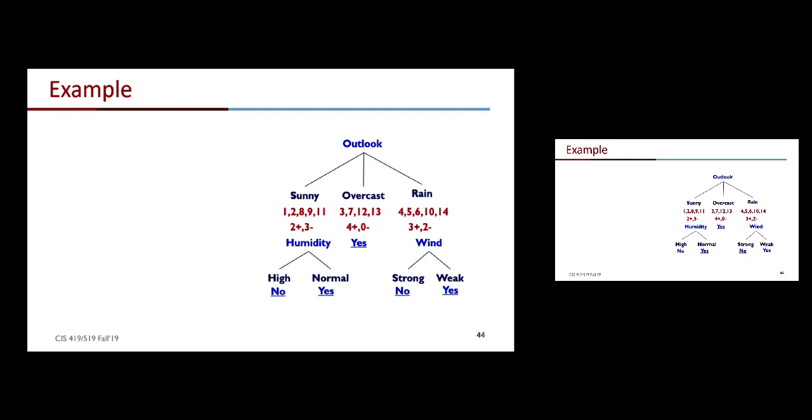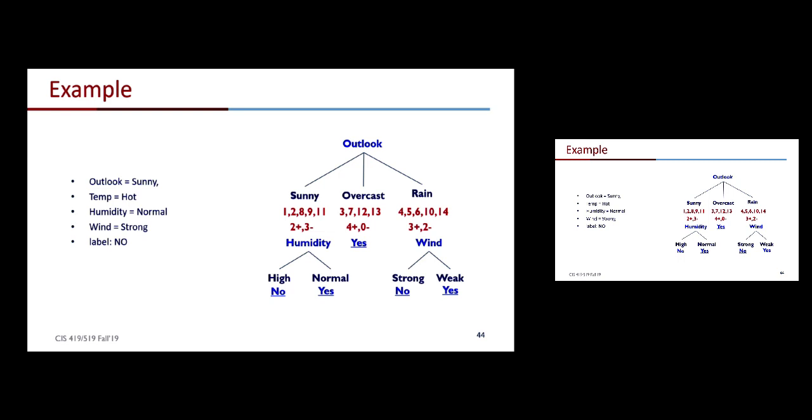And then once we know how to induce decision trees, we suggested this as an example. What is the problem that you can see in this example? Does not fit into the tree. If you take this example, you start with Outlook.